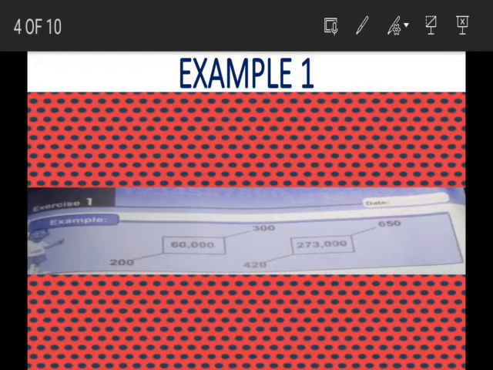Now, assuming 60,000 was not given, how can we get our 60,000? This is simple. It's simply 200 times 300.